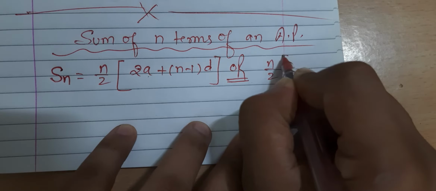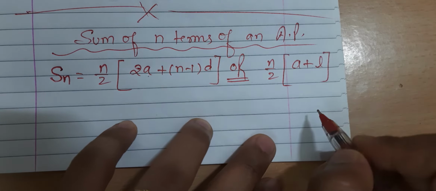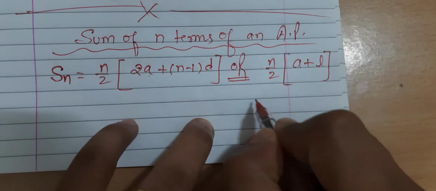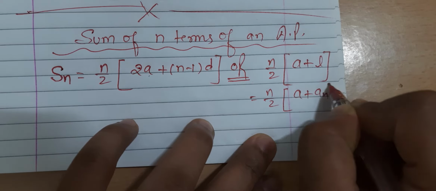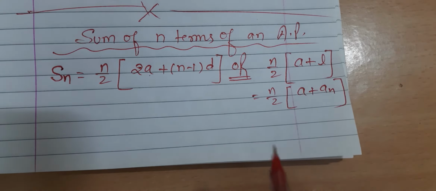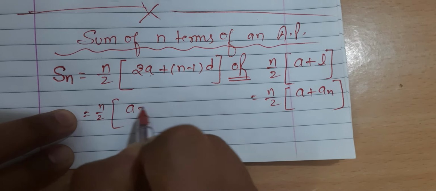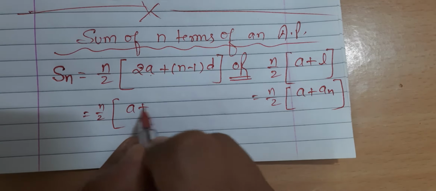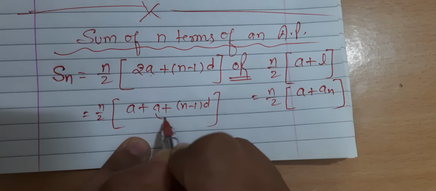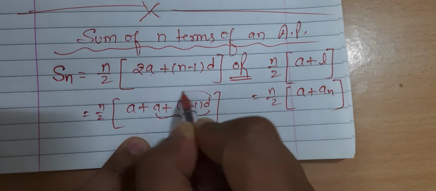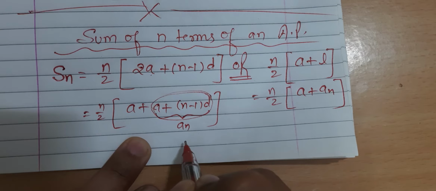n by 2 within bracket a plus l, where l is the last term, and sometimes instead of writing l we will write an. Here 2a can be written as a plus a, and then a plus n minus 1 multiplied by d is nothing but an, or the last term.